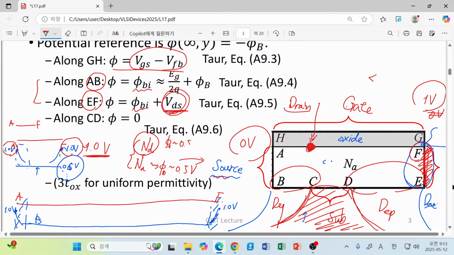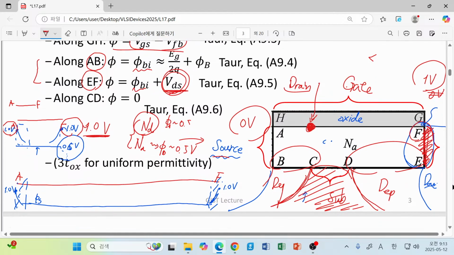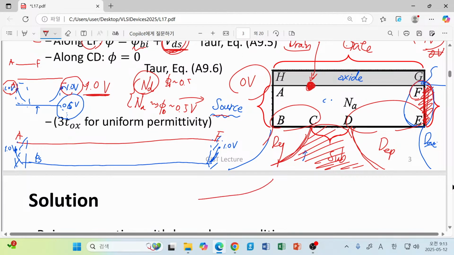We just assume a one-dimensional depletion approximation and just rotate it from this vertical way. Say this is the depletion width for the source side, and this is just copied to BC. And here also we may have the depletion width for the drain side, which is copied to the length of DE.